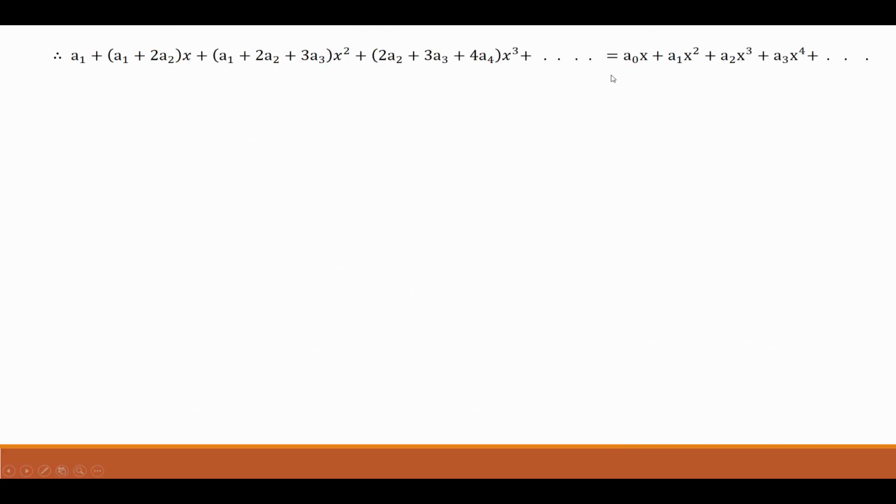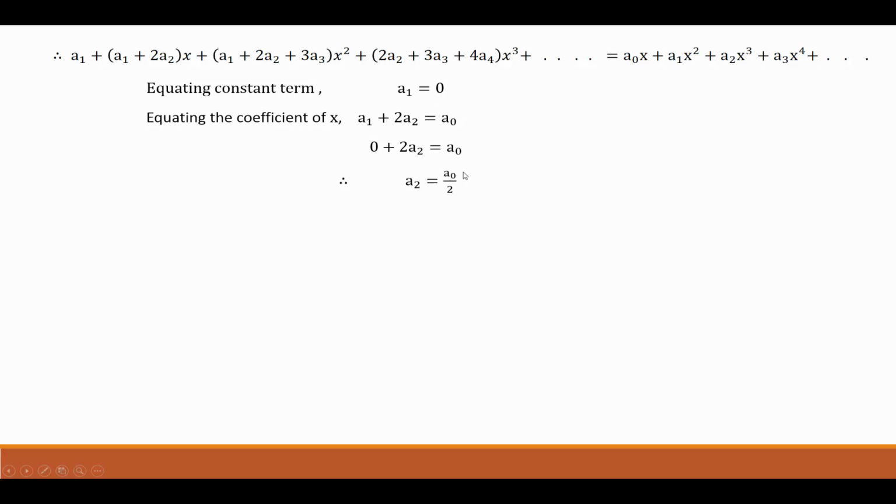Now equating the constant terms: here the constant term is a1 and here there is no constant term, means a1 equal to 0. Equating the coefficient of x: a1 plus 2a2 on the left and a0 on the right. We know a1 is 0, so 0 plus 2a2 equal to a0, so a2 equal to a0 upon 2.